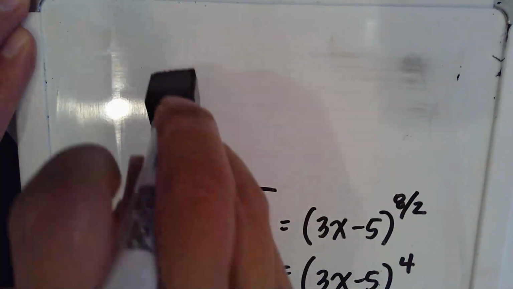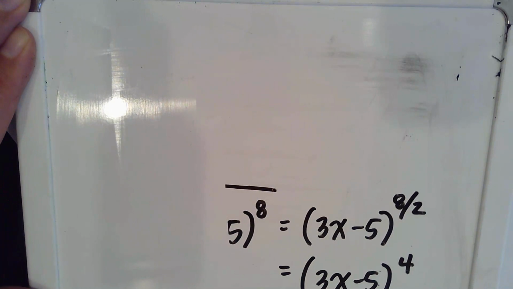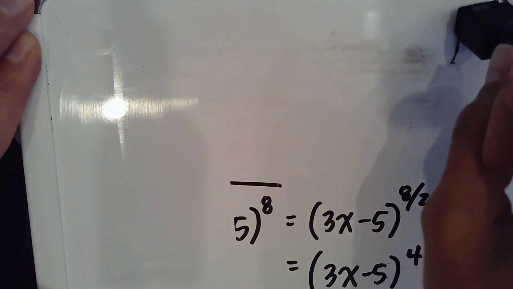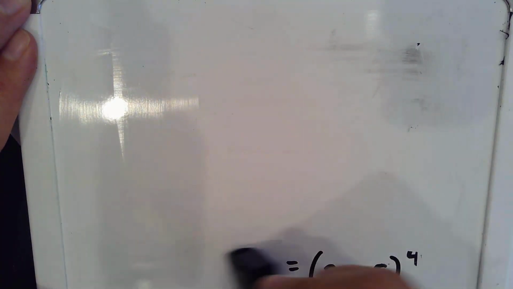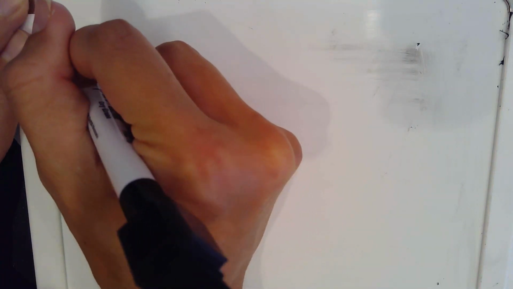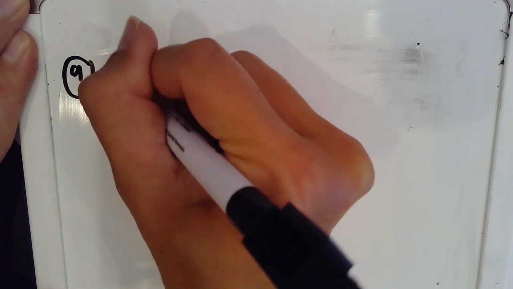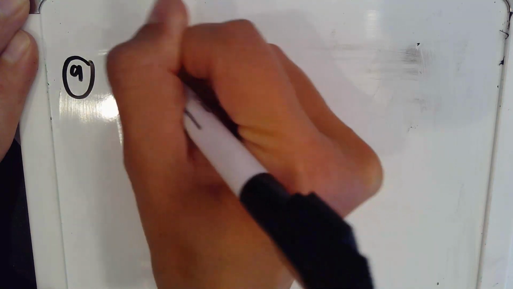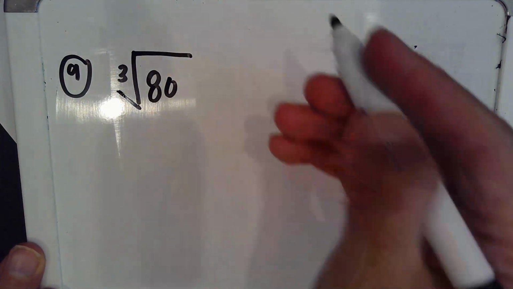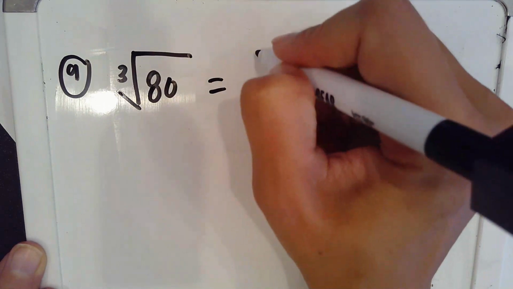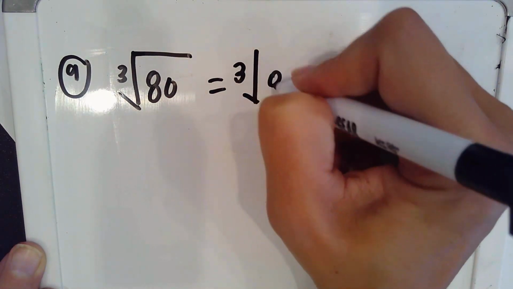Alright, so this one is, I'm going to say, the cube root of 80. Can't take the cube root of 80 though, right? So what is 80? Well, it's 8 times 10, right?